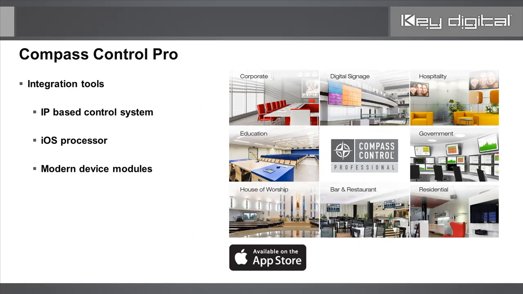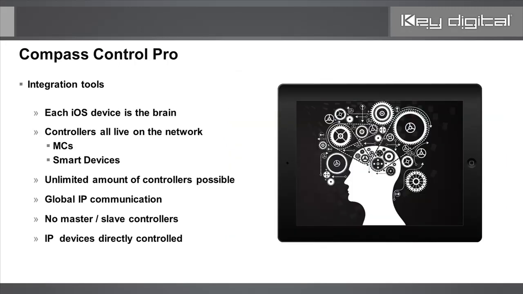Compass Control is brilliant because it's modern. We released Compass Control in the year 2012, and even at that time we knew this thing was going to use iOS devices, which are the most powerful processors out there, and we're going to speak network natively. We're going to use the iOS device as the brain.